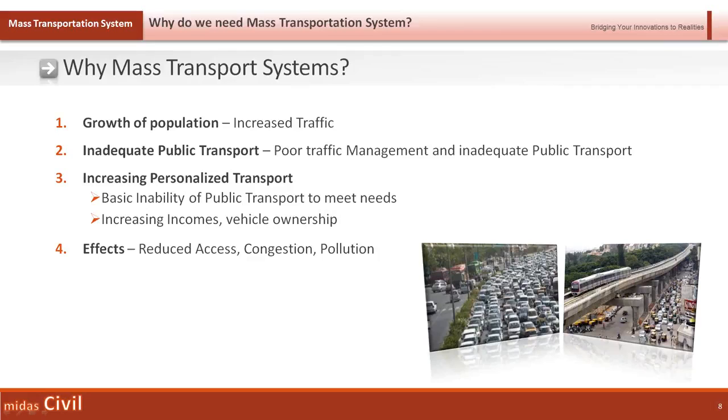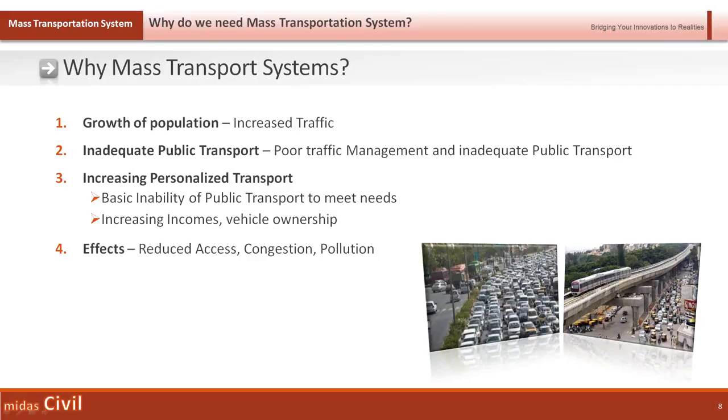Also, day by day, we see more private vehicles in the traffic, because of the inability of public transport to meet the demands of the masses, and also because of increasing incomes, there has been an increase in the number of vehicle ownerships.